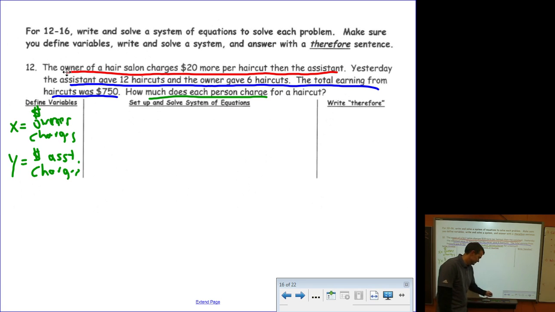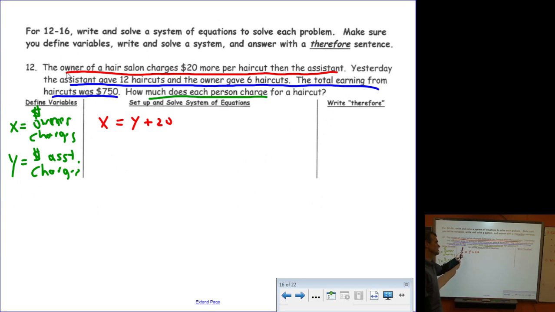Now, the red line represents one of my equations. It says the owner charges 20 more than the assistant. So that means the amount the owner charges equals the amount the assistant charges, but they're not equal, right? The owner charges $20 more, so to be equal, we would have to add 20 to the assistant.